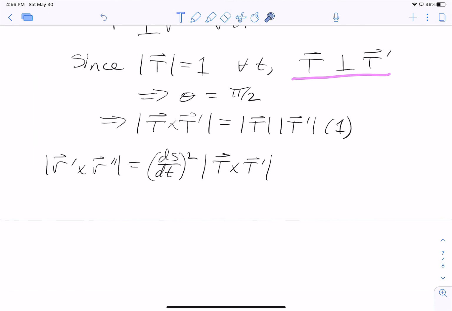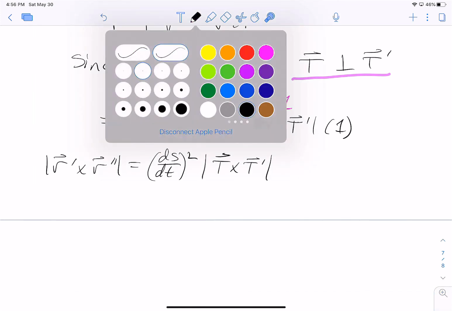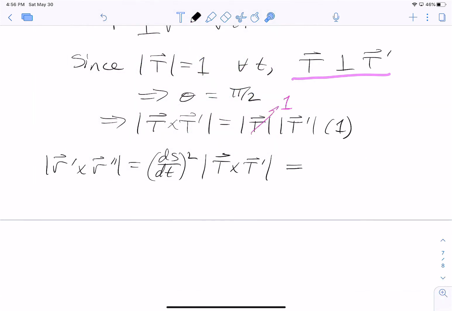But based on what we said about T cross T prime, we have the magnitude of T, which is 1, times the magnitude of T prime times 1 for the sine of theta. So r prime cross r double prime in magnitude becomes ds/dt, the quantity squared, times the magnitude of T prime.